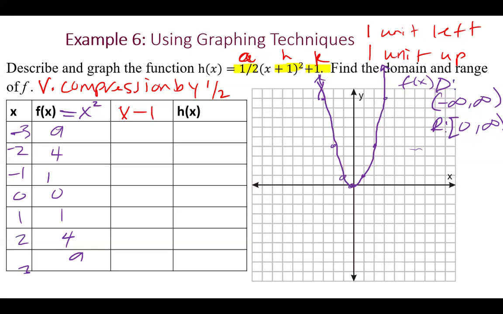I'm subtracting 1. So to all of my originals, they are being subtracted by 1. Does that make sense? So we have -3 minus 1, -2 minus 1, -1 minus 1, 0 minus 1, 1 minus 1, 2 minus 1, and 3 minus 1.